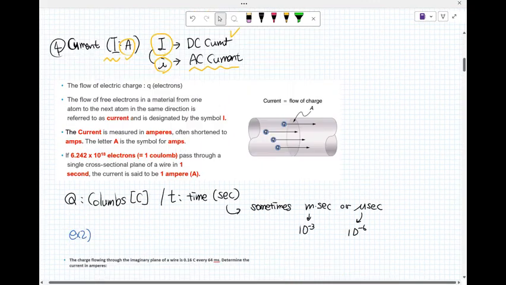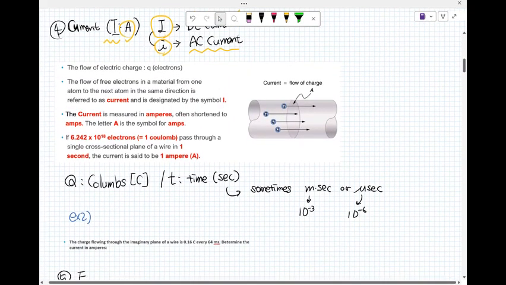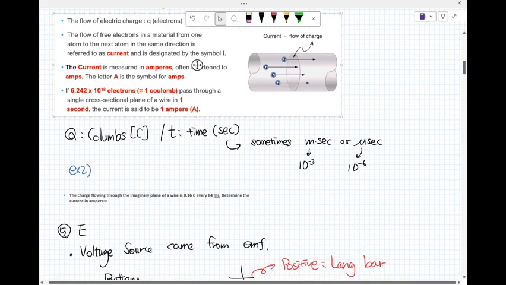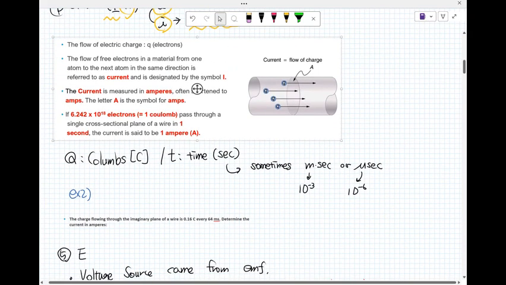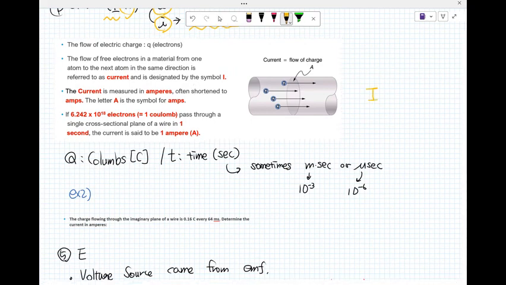And also, I is Q over T here, okay? All right. So from the example, we can do this: 64 millicoulomb over 0.16 seconds.